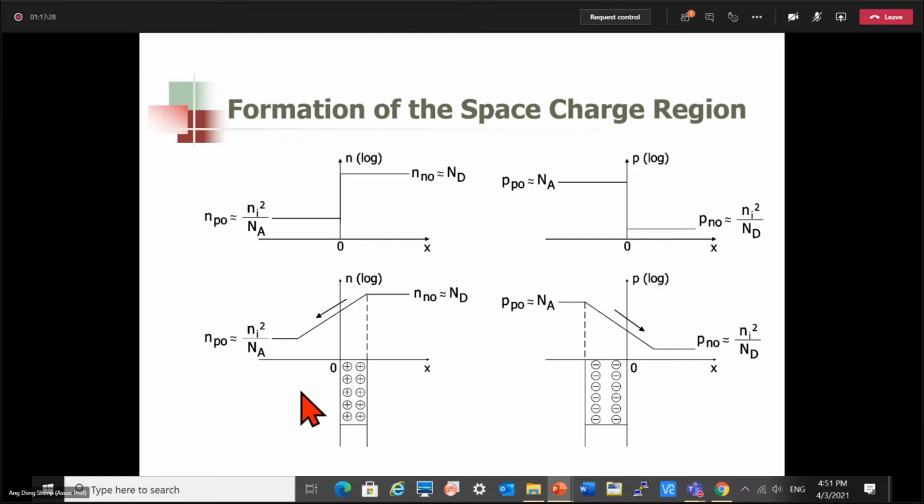So in the rest of the analysis, we are going to ignore this increase in the electron concentration. Likewise, we are going to ignore this increase in the hole concentration in this diagram here. We're only focused on the ionized acceptor atoms in the space charge region.